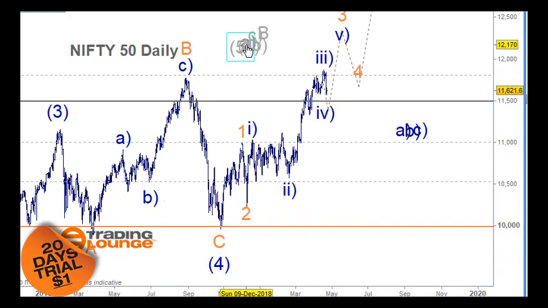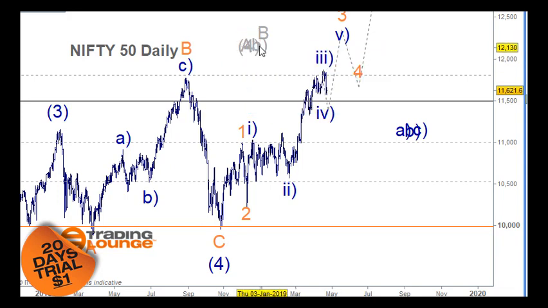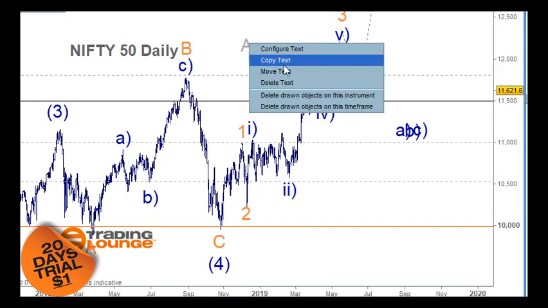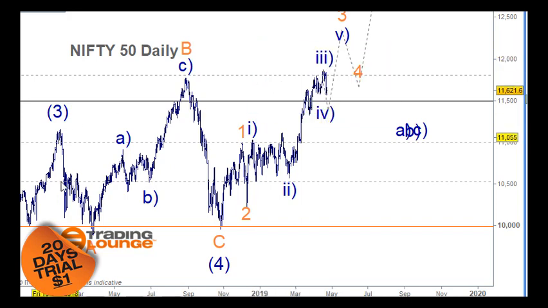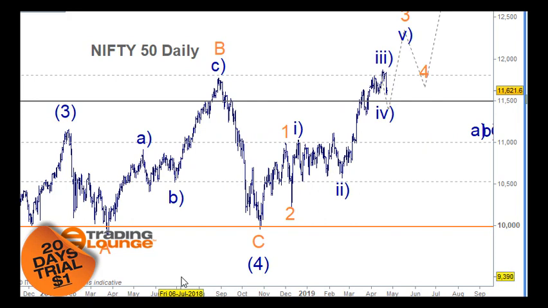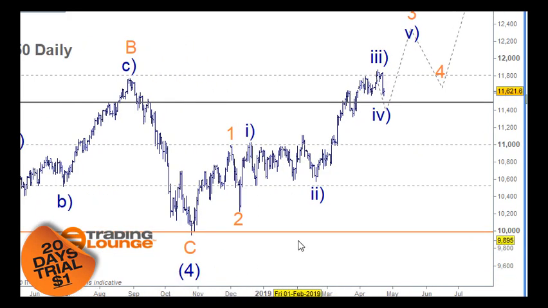So that's good news. So even though I was right with the count earlier on with all of this, we still did the right thing. We tracked both counts and we played both counts out well, and we got some nice trades out of all of this.